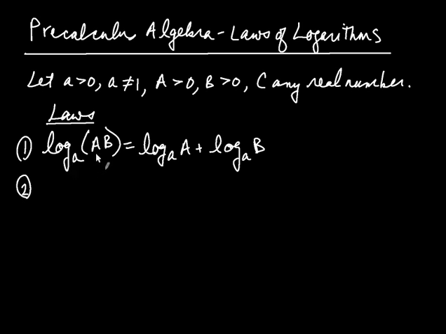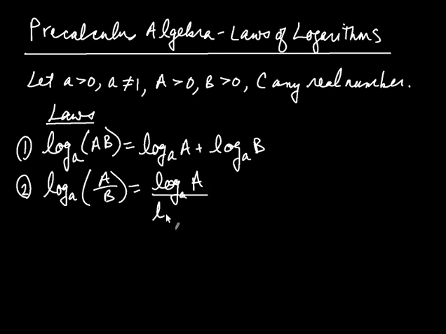Second law takes not a product, but a quotient. So the log base a of a quotient, A over B, is equal to log base a of big A divided by, let's rewrite that, that's looking a little messy.